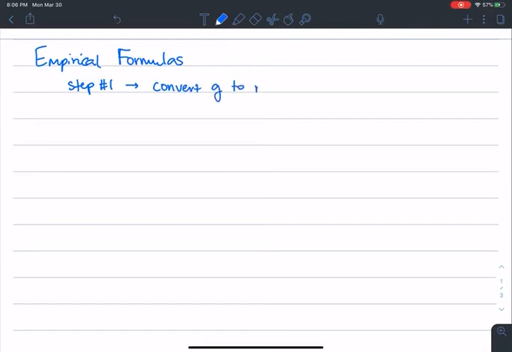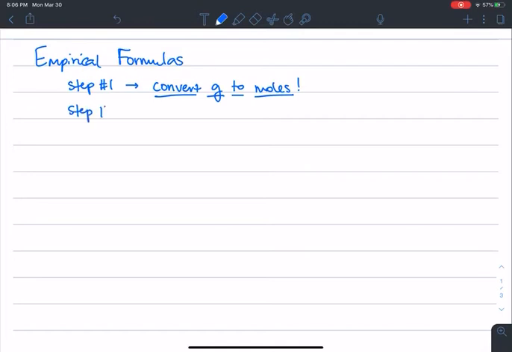Okay, so now we're going to transition into empirical formulas. Empirical formulas are closely related to percent compositions. And so step 1, most often for empirical formulas, is to convert grams to moles. When in doubt, convert grams to moles, okay?